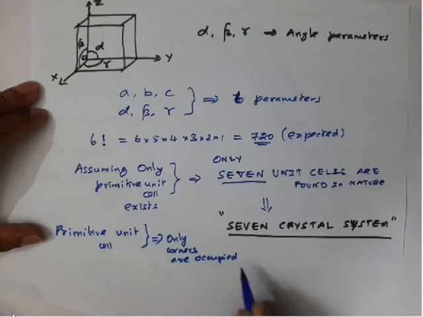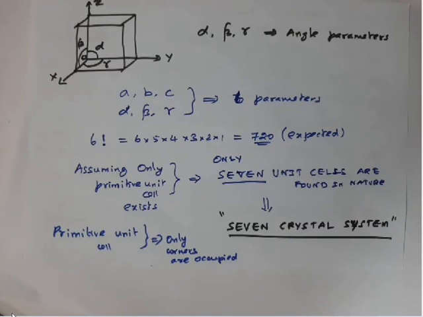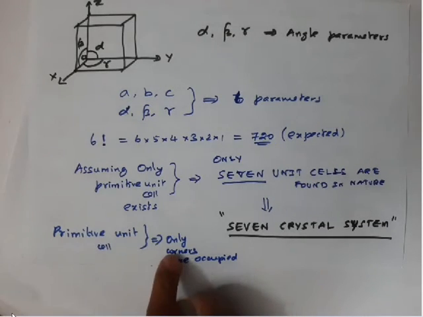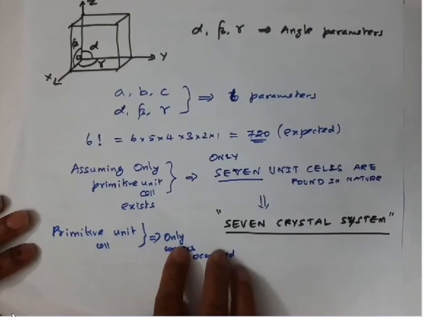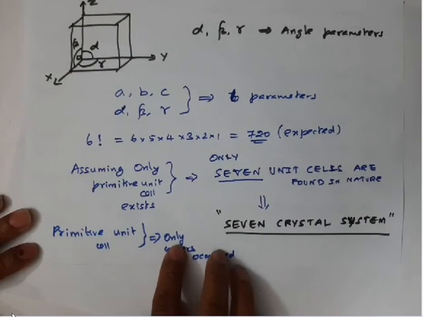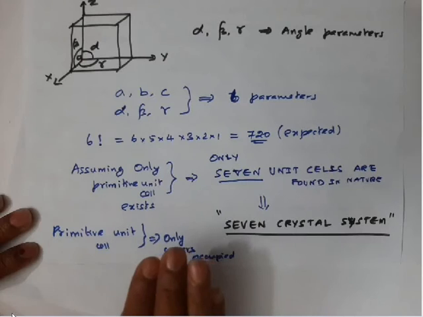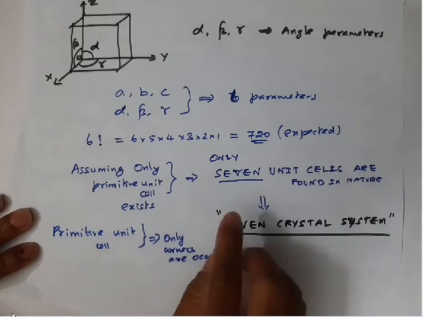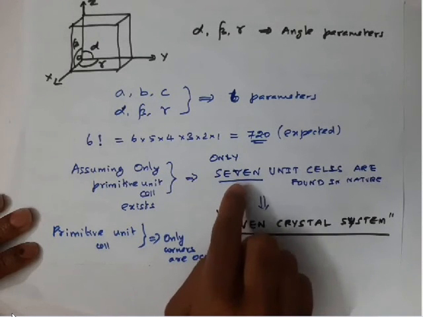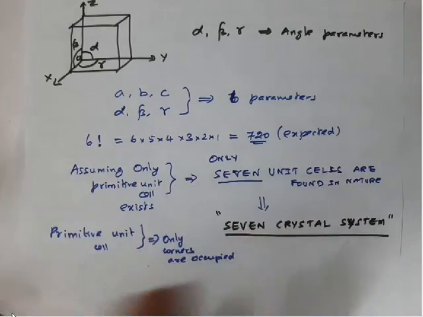In a unit cell, if only corners are occupied, we call that unit cell a primitive unit cell or simple unit cell. Assuming only simple unit cells exist, people have identified 7 different types of unit cells in crystals.